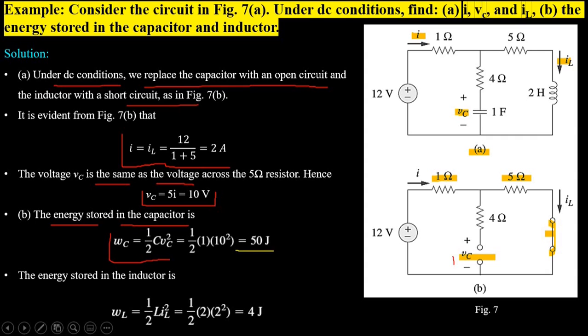Substituting the values, the energy stored in the capacitor will be 50 joules. The energy stored in an inductor will be equal to half the inductance multiplied by the current flowing through the inductor squared. Substituting the values, again we will have an energy of 4 joules stored in the inductor.